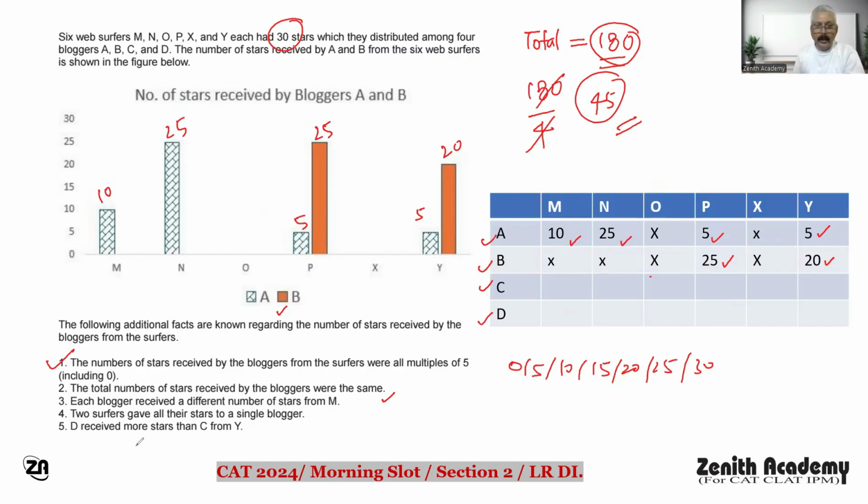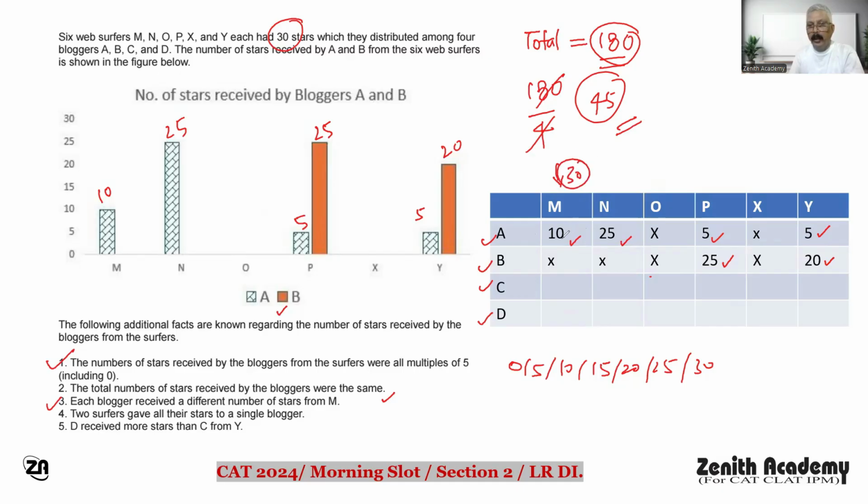Then point number 3. Each blogger received a different number of stars from M. The total number of stars with M is 30.